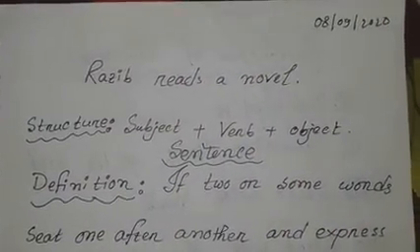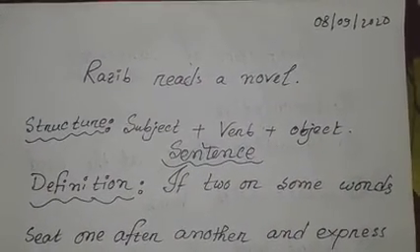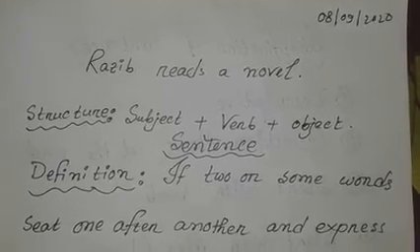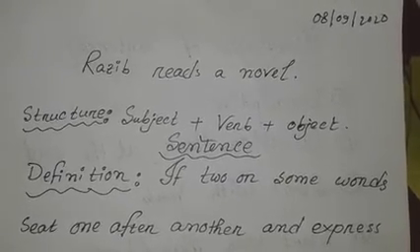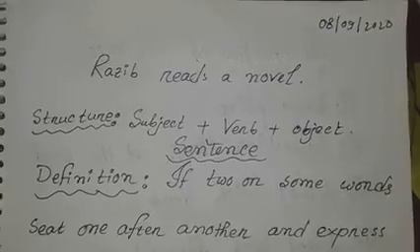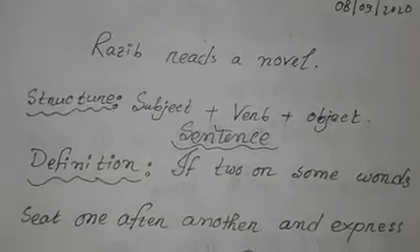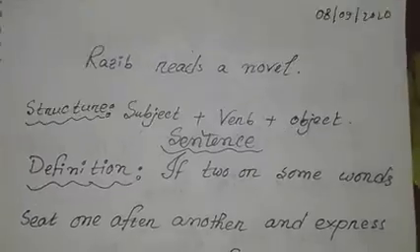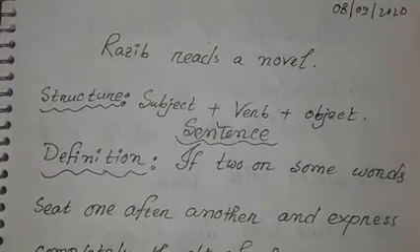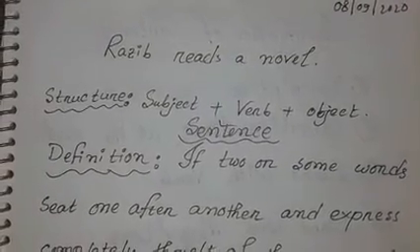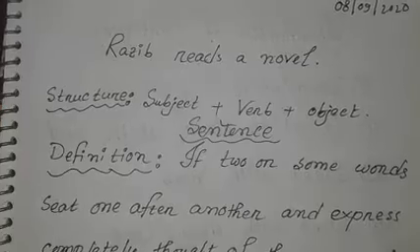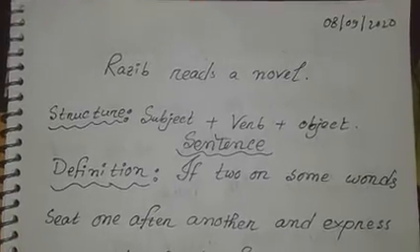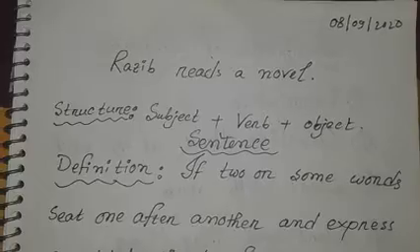Dear students, here is a sentence for you: Rajiv reads a novel. Again, Rajiv reads a novel. You know very well the Bengali meaning of this sentence. Dear students, the structure of this sentence is subject plus verb plus object.